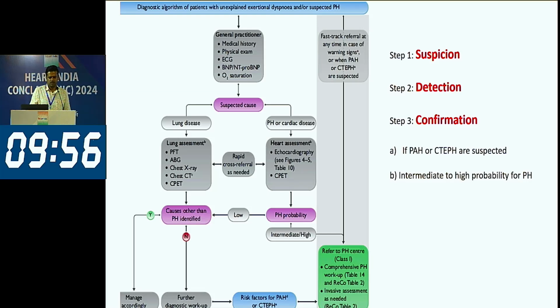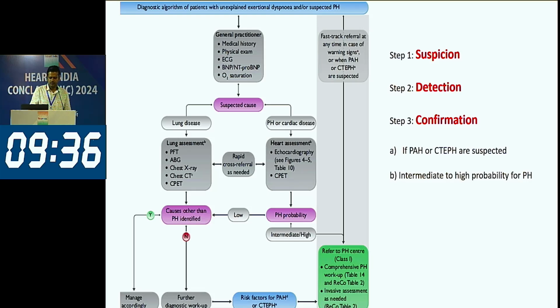If you suspect a patient has pulmonary hypertension, go for the detection phase, where you have to rule out lung disease and heart disease. You have to make out whether the patient is suffering from lung disease by lung assessment or heart disease by heart assessment. And in the detection phase, the most important is echocardiography. Echocardiography will definitely tell you most of the things about this.